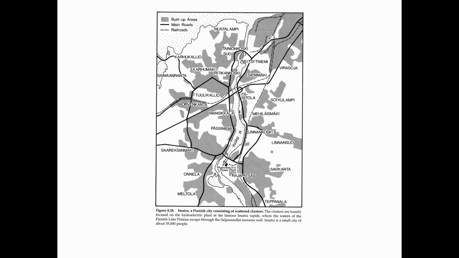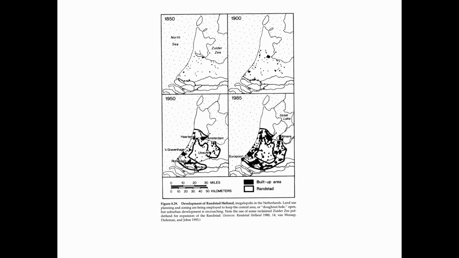So another example here, which isn't a megalopolis, shows several different cities in Finland that are clustered together. Here's an example of the Randstad, Holland area, where you can see several cities that have grown up over time and have begun to coalesce with each other.